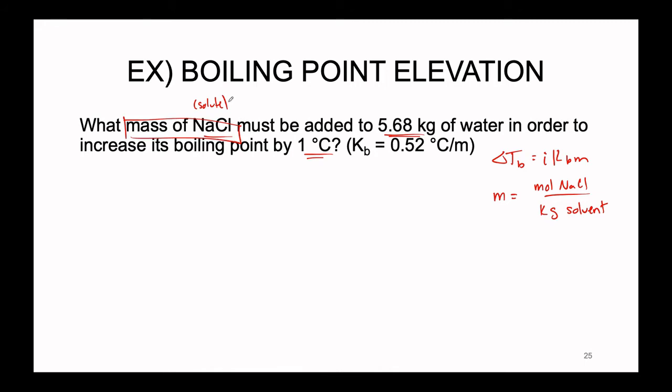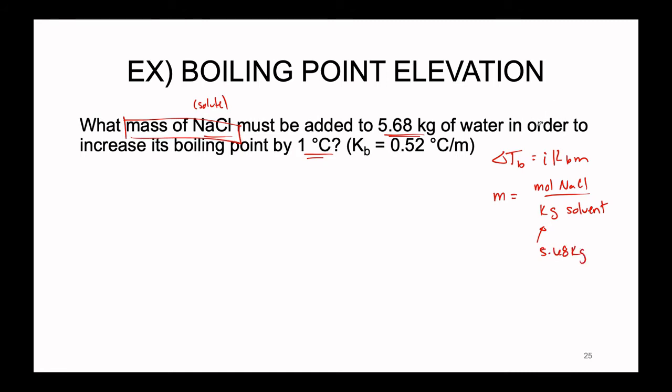We are told a variety of information here. So let's just start partnering up what we know with the equations that we're going to be working with. First and foremost, we can see that we are given a mass in kilograms of water, which is our solvent. So we can insert our mass of solvent in kilograms into our molality equation below, 5.68 kilograms.